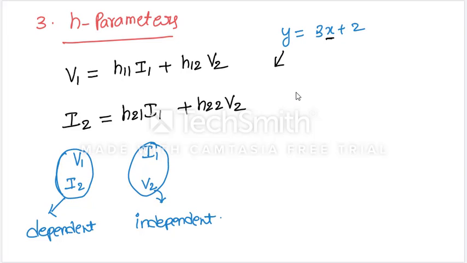If I change the x values, the corresponding y value changes, isn't it? So that's why y is called dependent and x is called independent. Simply, the right side variables are called independent variables and the left side variables are called dependent variables.